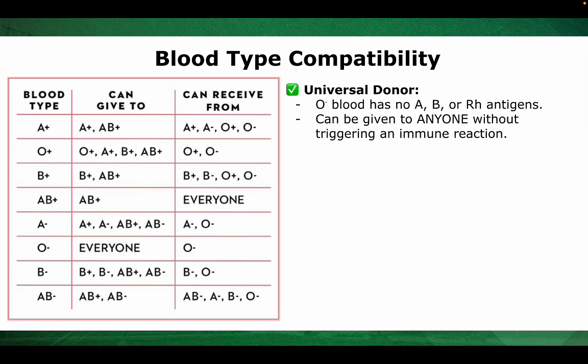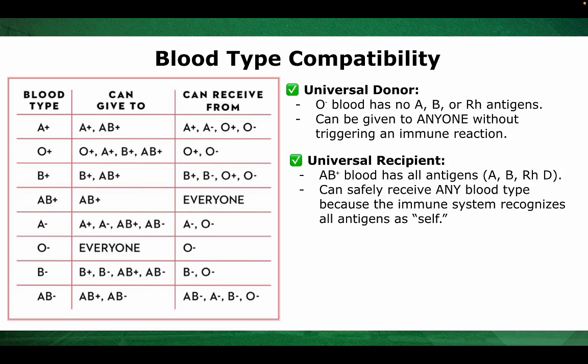They can only receive from O negative, so they must avoid all antigens in donated blood. AB positive is the universal recipient and can receive from everyone because it has A, B, and Rh antigens. It recognizes all types as self, but it can only give to AB positive.